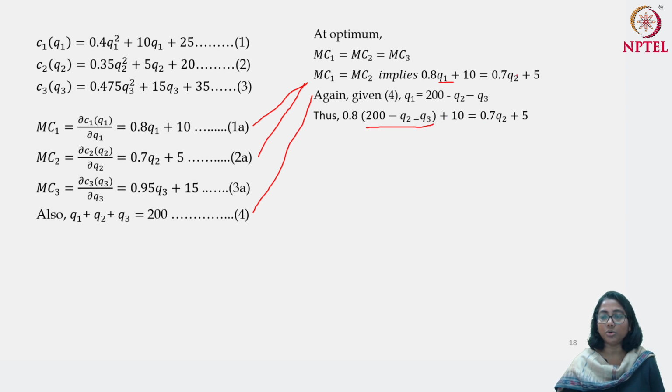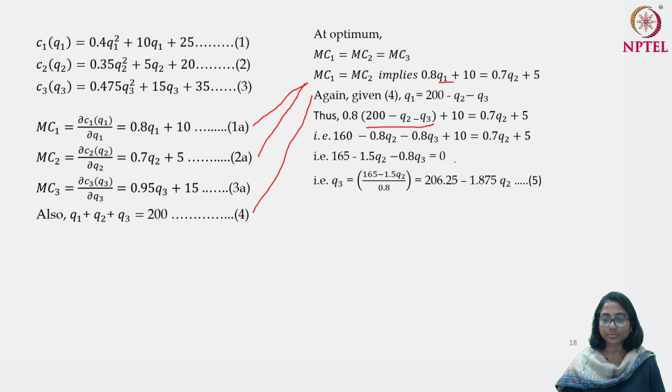So 0.8 times (200 minus Q2 minus Q3) plus 10 is equal to 0.7 Q2 plus 5. This gives me 160 minus 0.8 Q2 minus 0.8 Q3 plus 10 is equal to 0.7 Q2 plus 5. So it reduces to the equation 165 minus 1.5 Q2 minus 0.8 Q3 equals 0.